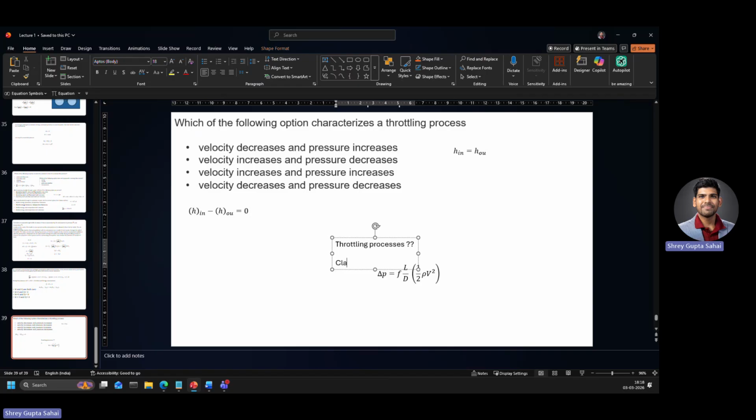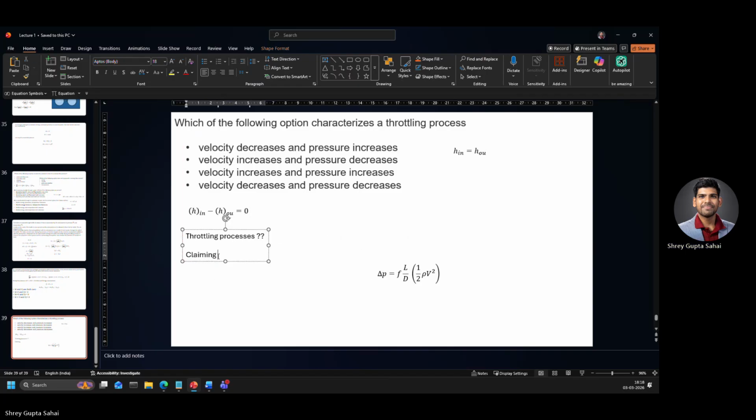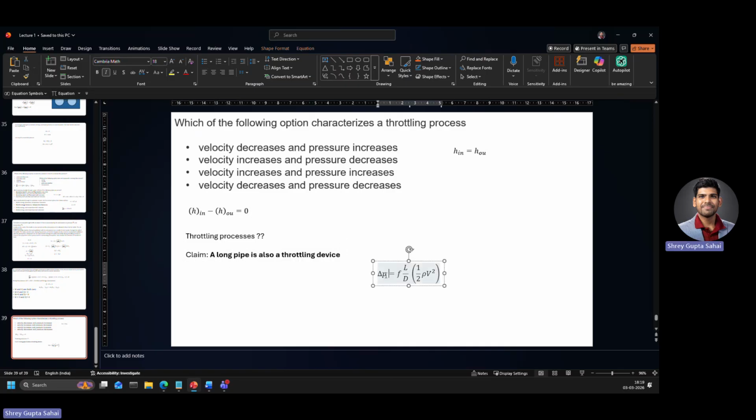So I'm making a claim, and let's discuss that claim. A long pipe is also a throttling device. Why do I say so? The textbook says so. Let me write this.